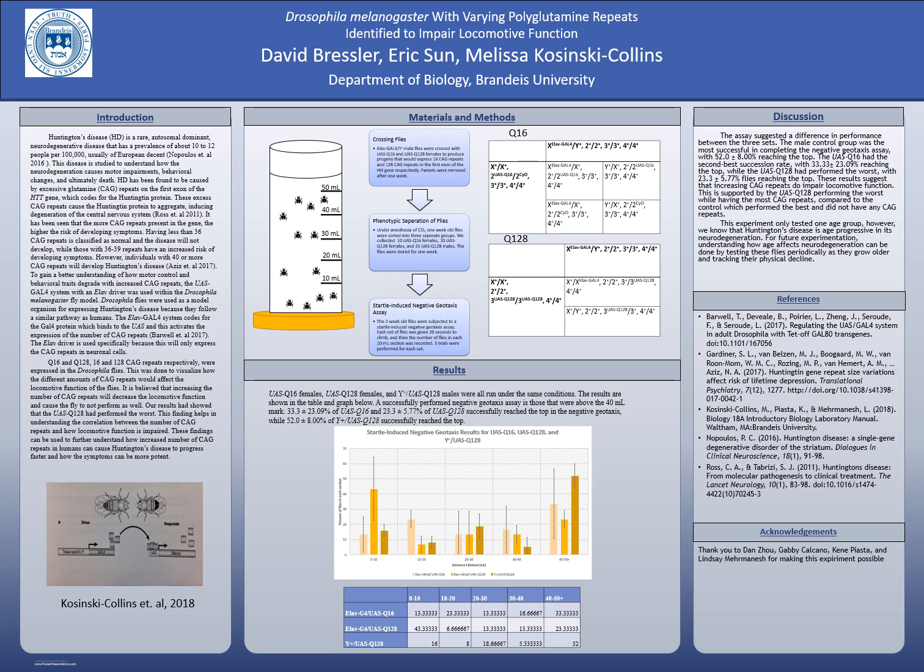This suggests that the more CAG repeats an organism has, the more locomotive impairment it will get, because the UAS Q128 females had the most repeats and performed the worst, while the control males had no repeats and did perform the best.